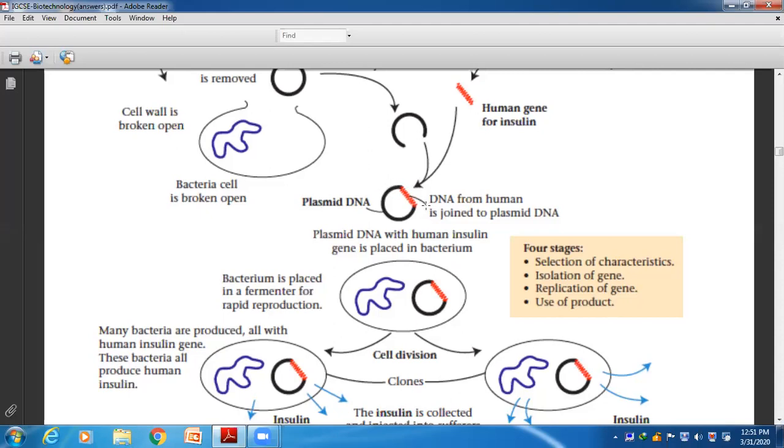Through that method, I can insert my recombinant DNA into bacteria. Now this bacteria contains my gene of interest.